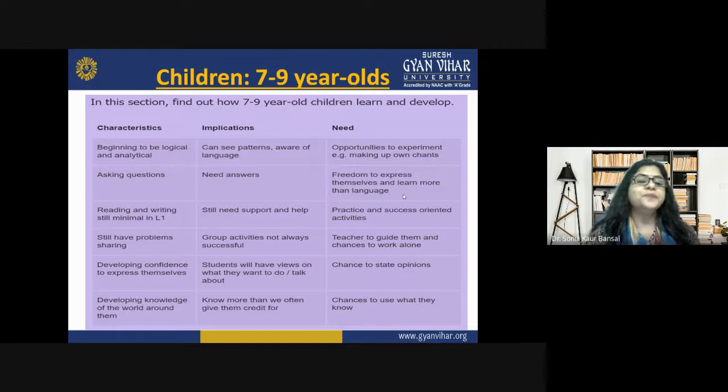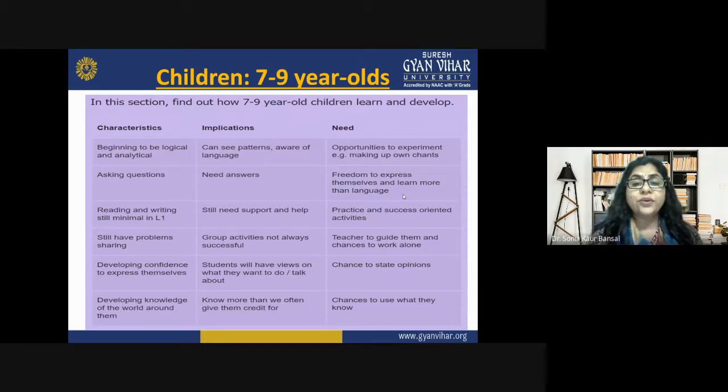Clear, students? Now, the next characteristic is that reading and writing are still minimal in level 1. Speaking and listening were enhanced in the earlier level. But now at 7 to 9 years, we are focusing on reading and writing skills, and those are also not fully developed.